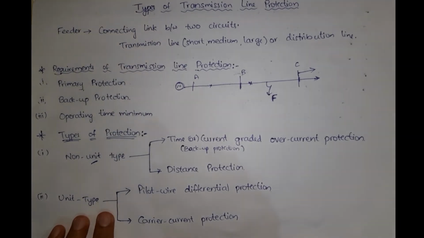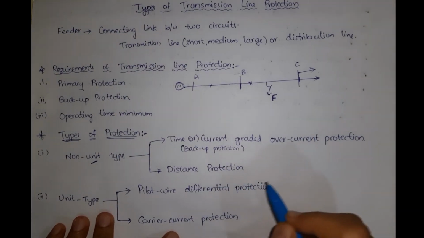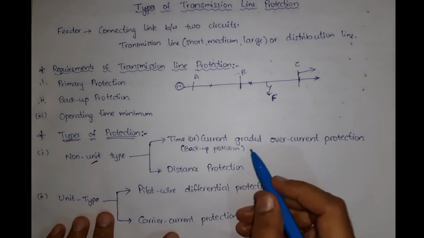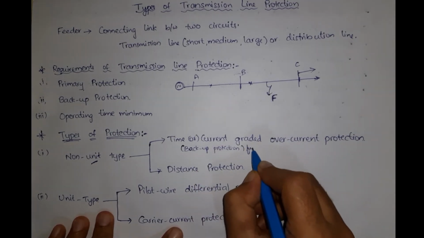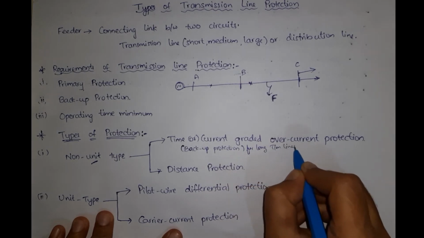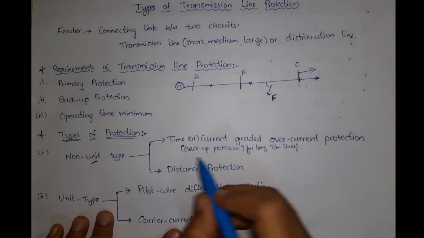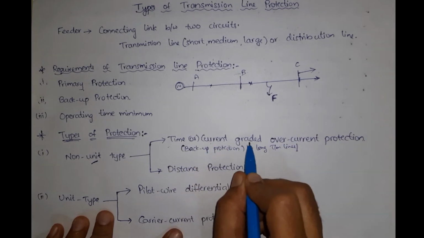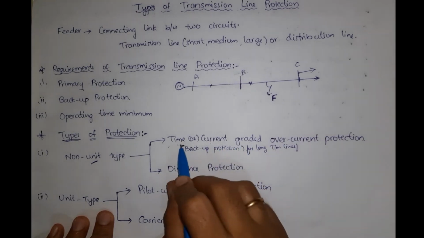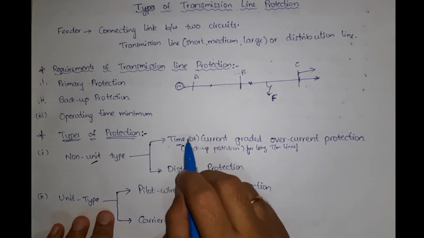Now coming to time or current graded overcurrent protection. It is generally employed as backup protection for long transmission lines, or where a time lag is required. What is time lag? By the meaning of time or current graded, you can understand that there is involvement of time.